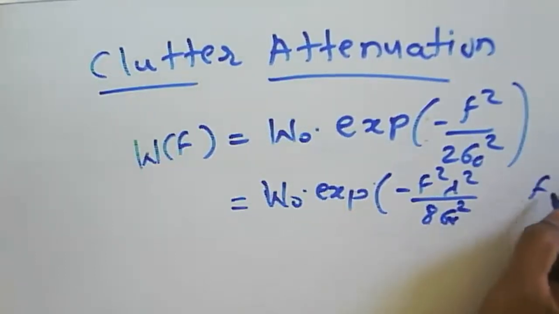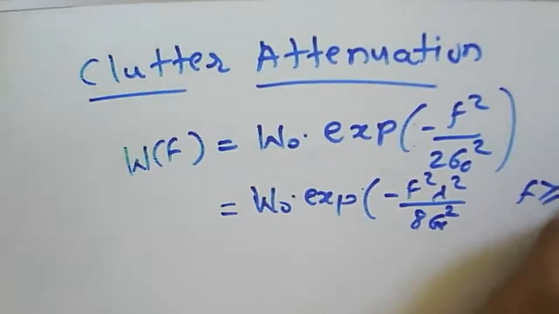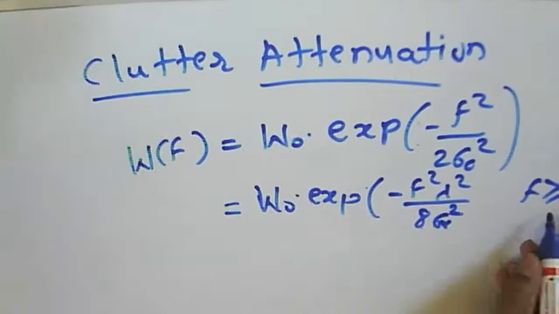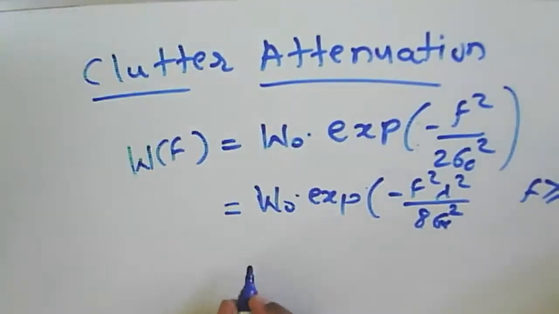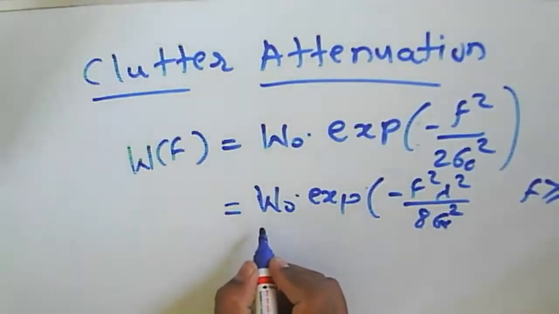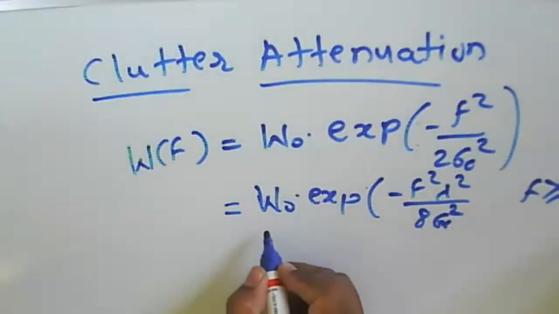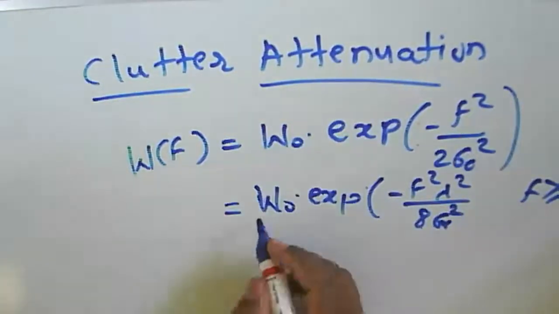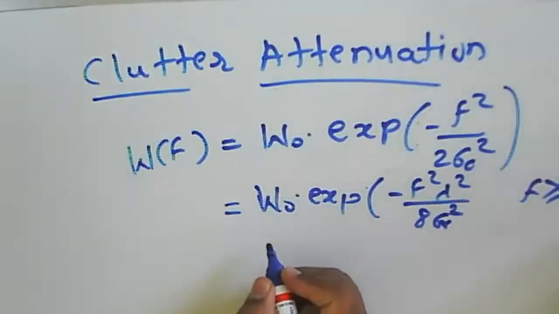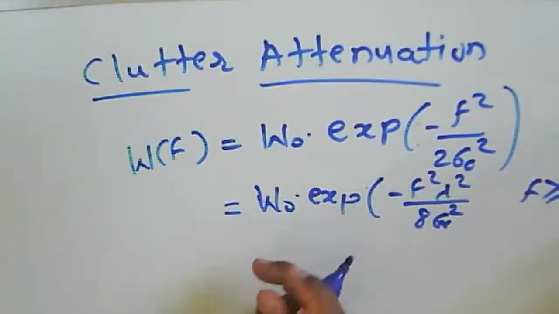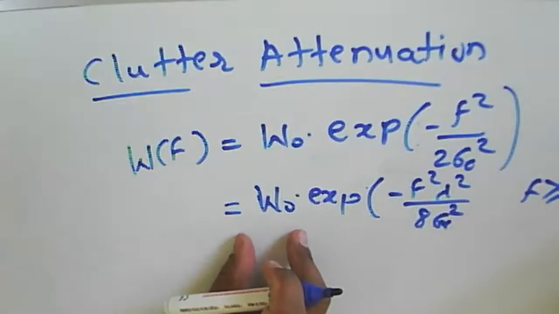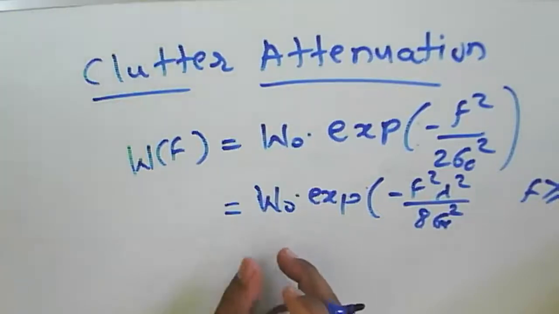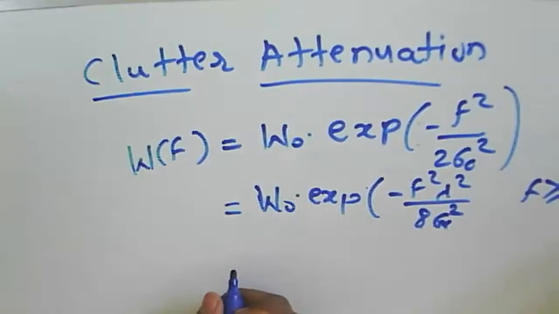This occurs when f is greater than or equal to 0. And W0 is the peak value of the clutter spectral density, when f is equal to 0.